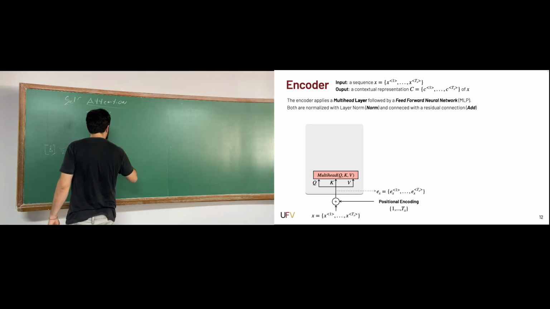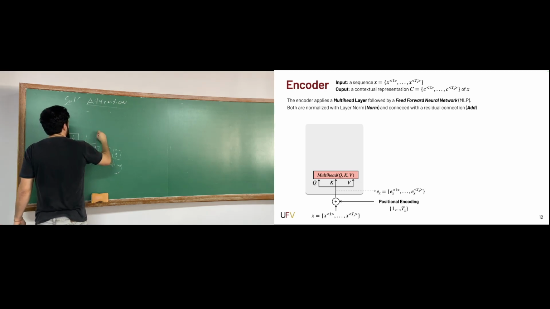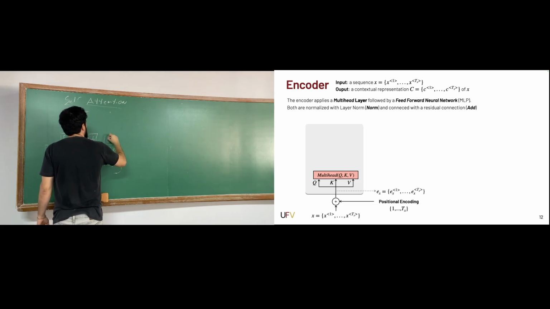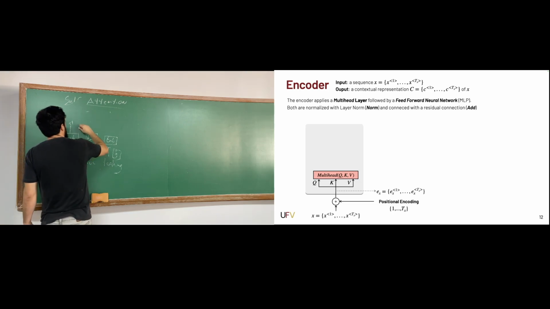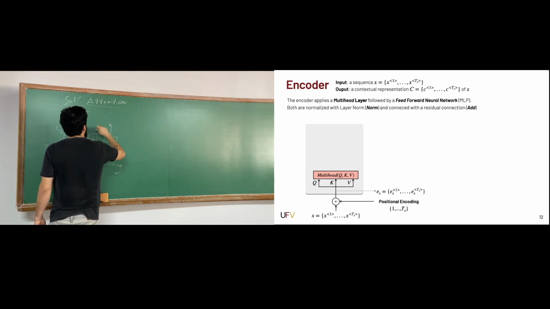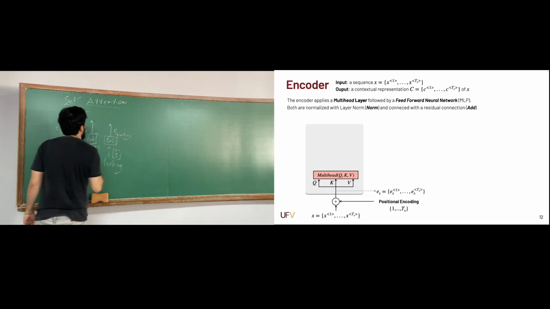And teaching would be 0, 0, 1. And now we have the embedding, which is not shown there, but we know how it works. It's just an embedding layer that gives us E_I, E_love, and E_teaching.